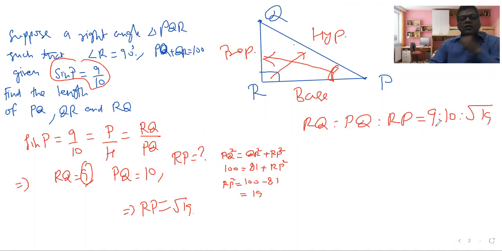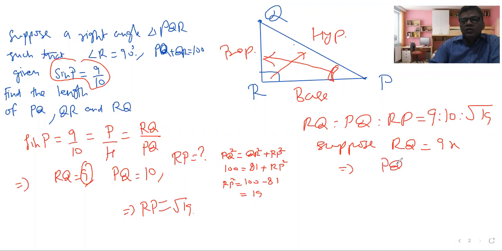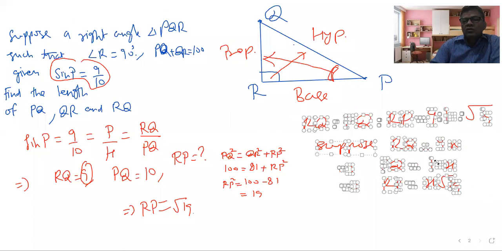Now it is given PQ plus QR. So suppose RQ equal to 9x. This implies PQ equal to 10x. This implies RP will be equal to x root 19. Okay, student. I think till here you understood the logic.